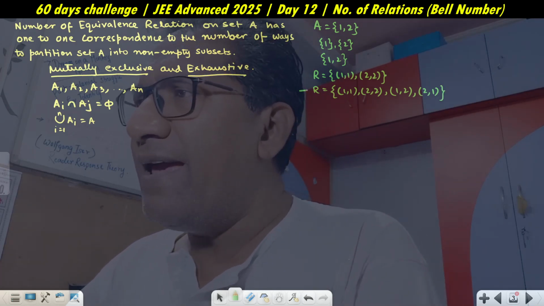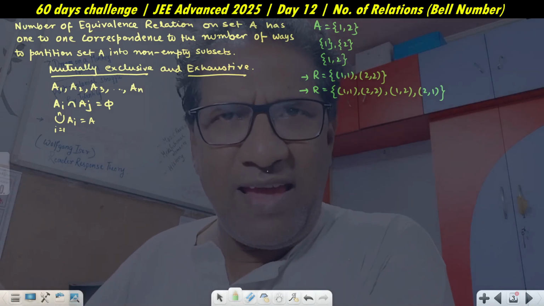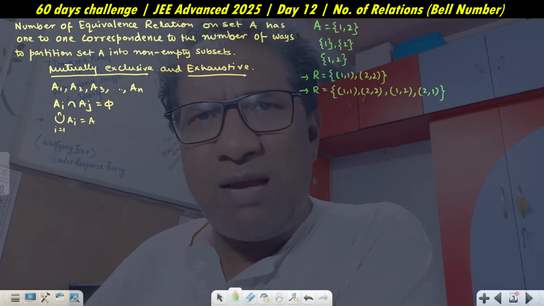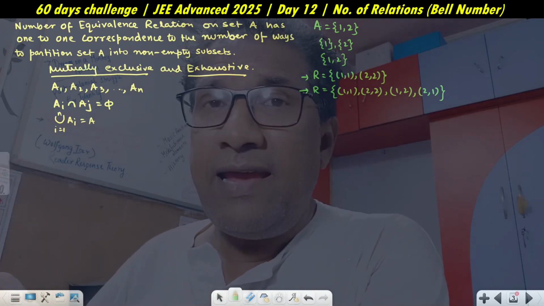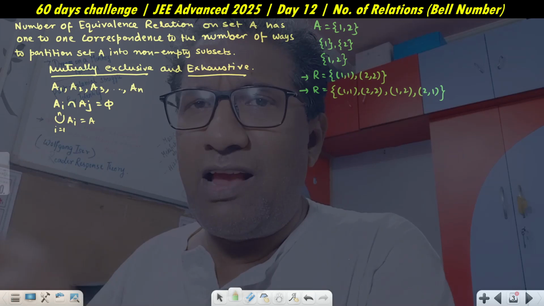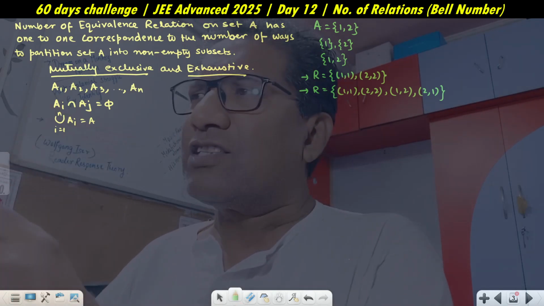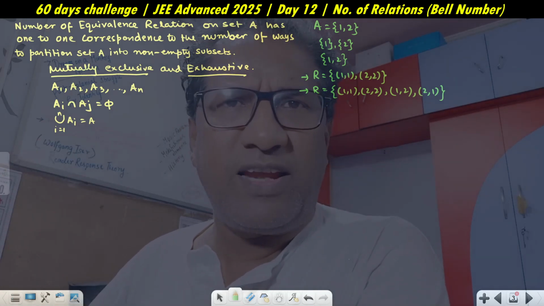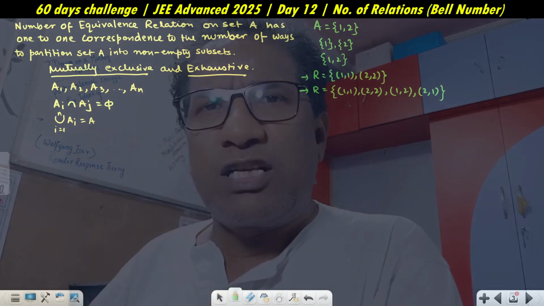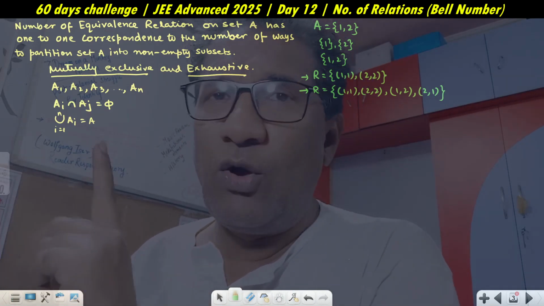So it is again an equivalence relation. So again there are a maximum of two equivalence relations, and we can easily see that Bell's theorem is satisfied here. The total number of non-empty subset partitions we can make is 2, and the maximum number of equivalence relations is 2. So the theorem is verified.